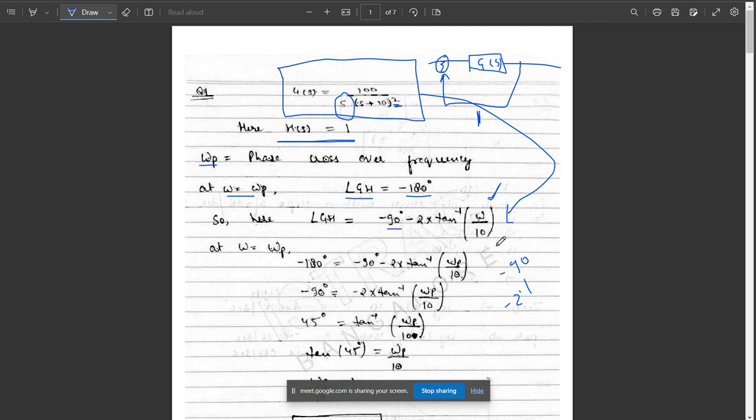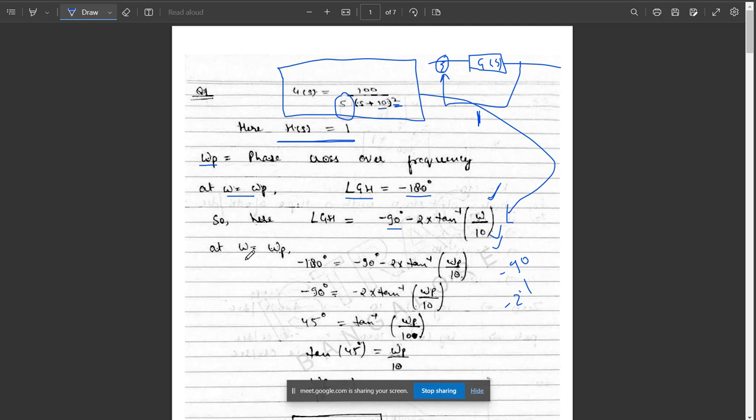If the order was 3, then we would have put -3. If it was 5, 4 or anything, we would have put the values accordingly. Okay, so this is how we find the phase.